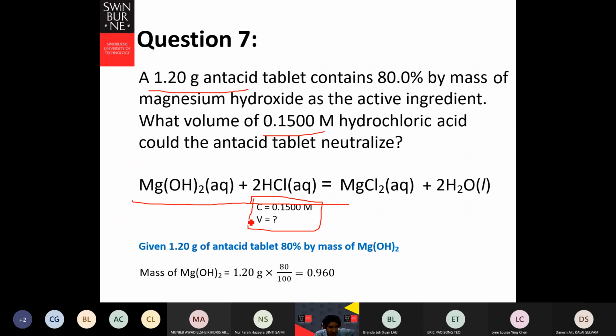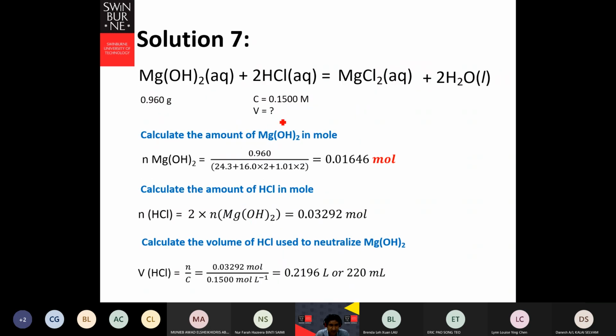1.2 gram of antacid tablet, we know that. And 1.2 gram of antacid tablet means how many moles, we can also find out. But the problem is 80% by mass is magnesium hydroxide. So 80% of 1.2 gram is 0.96 gram, right?